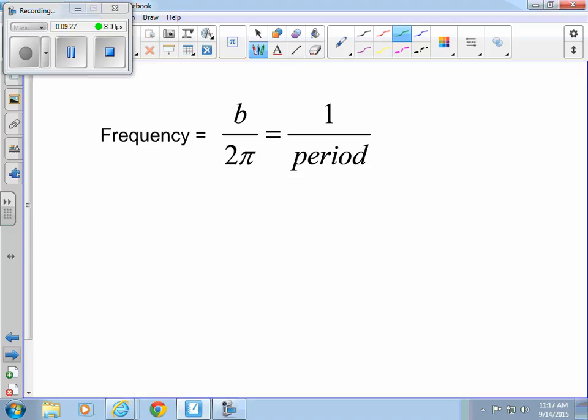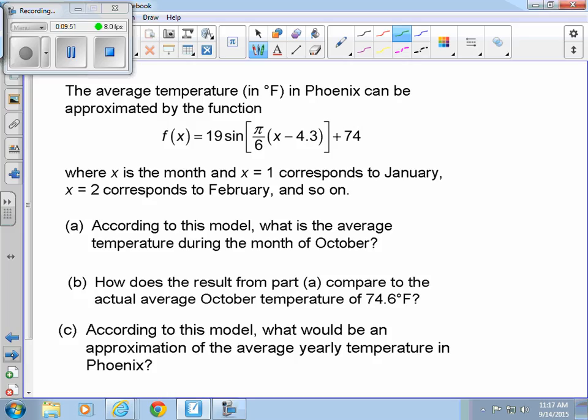The frequency, instead of time to complete one cycle, is cycles over time: how many cycles we complete in a certain amount of time. You've probably heard frequency before in terms of sound, and it's how fast those sound waves are. Again, we'll look at that in an example.